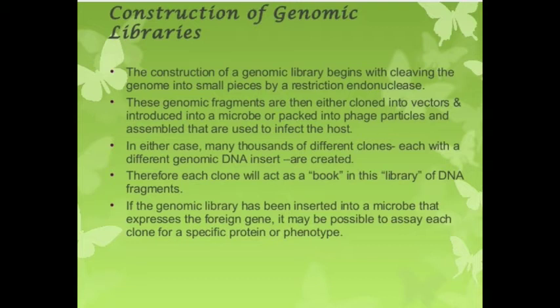So the first step of constructing a genomic library is isolation of DNA fragments to be cloned. Isolation means the DNA fragment we want to clone should be separated. Okay, and after that the DNA fragment is joined.